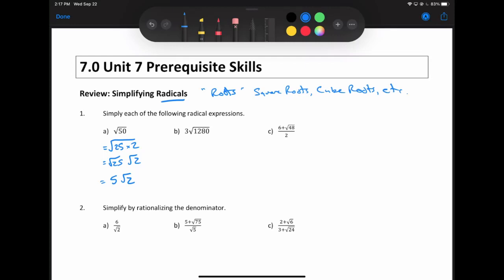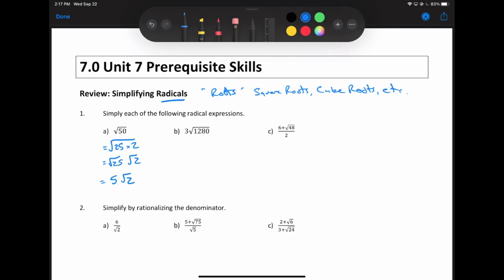For the next one, 3 square root of 1280. Okay, so now let's check 1280 for perfect squares. Is it divisible by 4? It is. Is it divisible by 9? I don't think so. Is it divisible by 16?